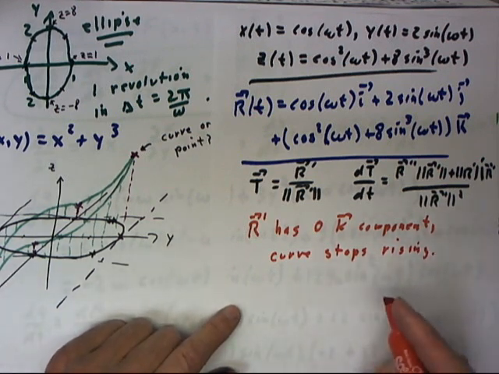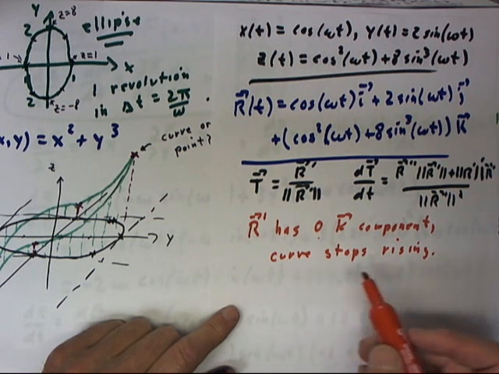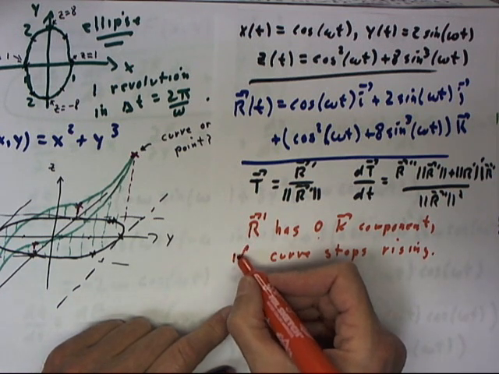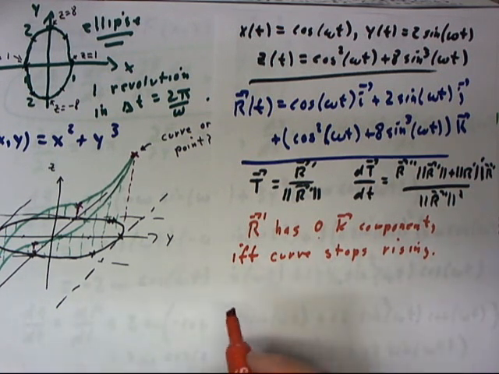This is actually an if and only if statement. r prime has a 0 k component if and only if the curve stops rising.